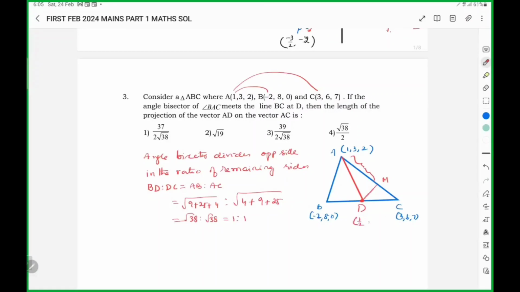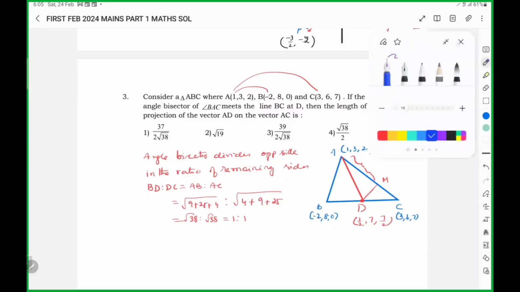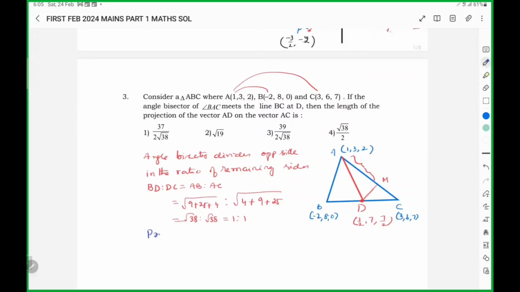X1 plus X2 by 2, 7. Now, after this, the projection of A on B is A dot B by mod B. Now you have to find the projection of AD on AC: AD dot AC by mod AC.